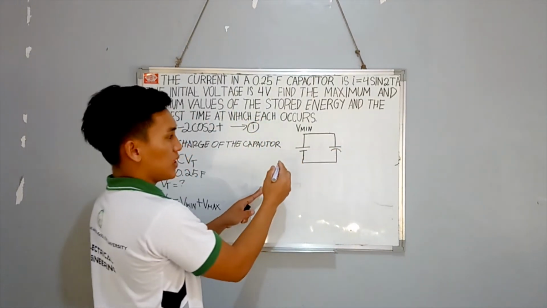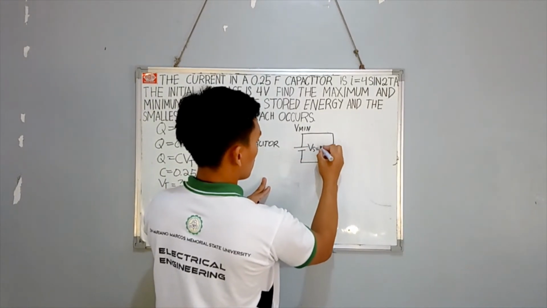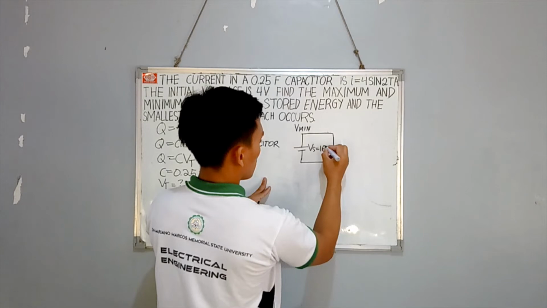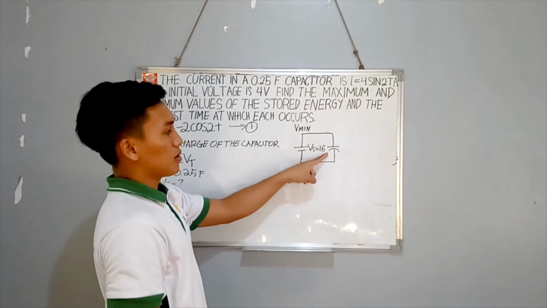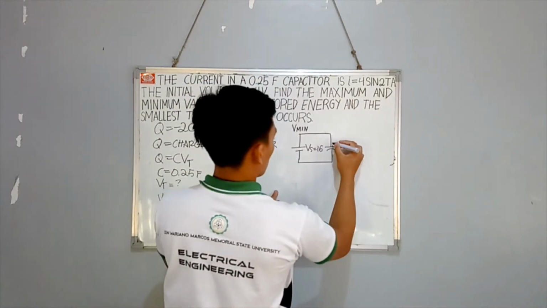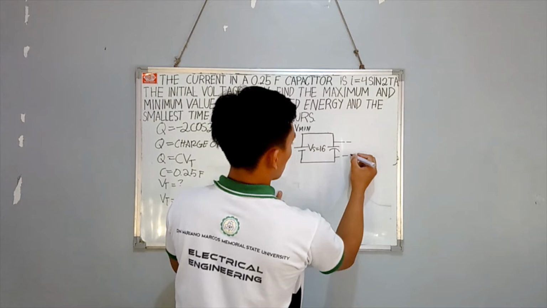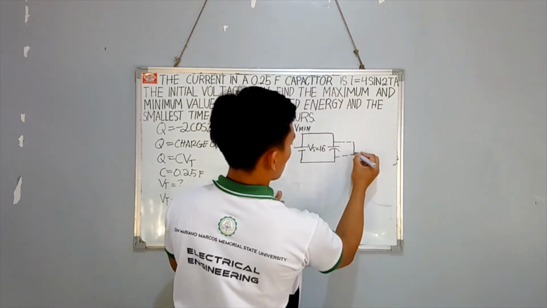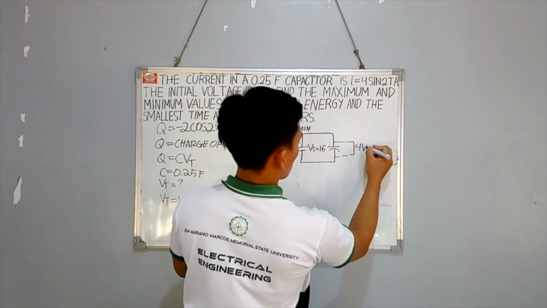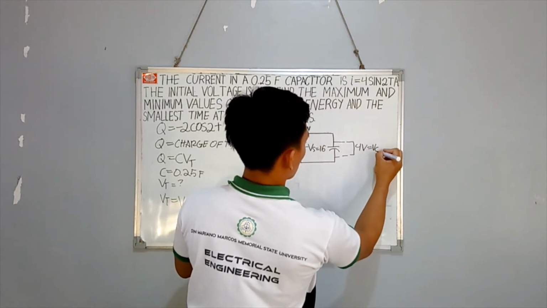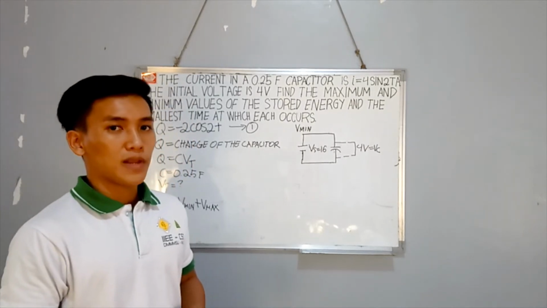The voltage source at minimum is equal to 16 volts. And the voltage of the capacitor at minimum is equal to 4 volts. For us to get the V minimum, we should apply KVL.